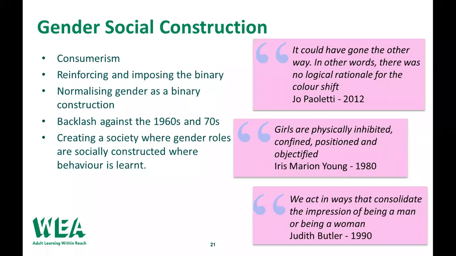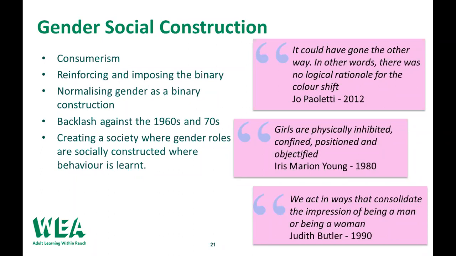So I think lots of people mentioned consumerism, and the pink and blue consumerism is in fact reinforcing and imposing this binary. And it seems to be going backwards rather than being progressive and looking forward. And it's normalising gender as a binary construction.